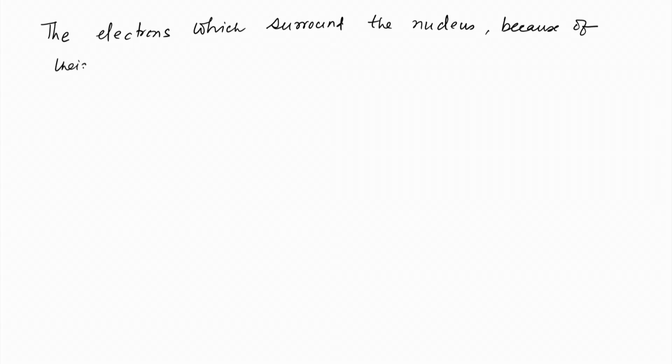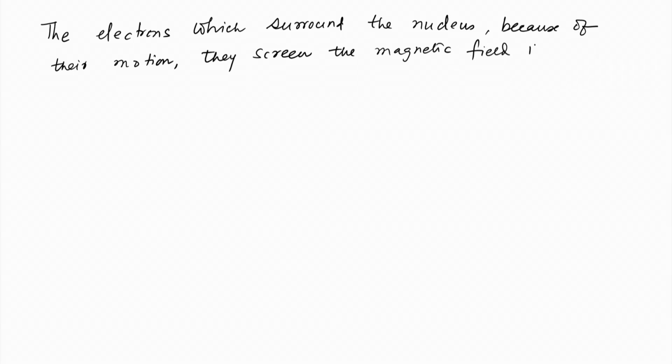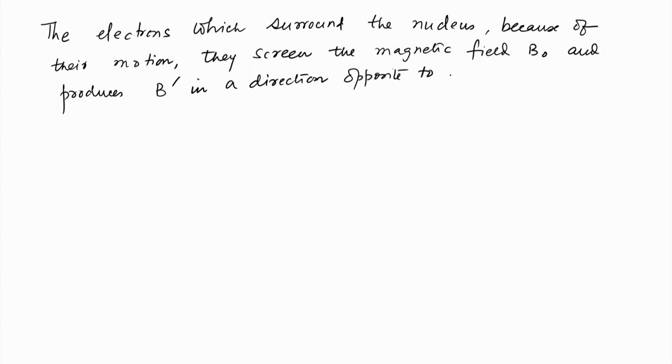The electrons which surround the nucleus, because of their motion, screen the magnetic field B 0 and produce a B prime in a direction opposite to B 0.